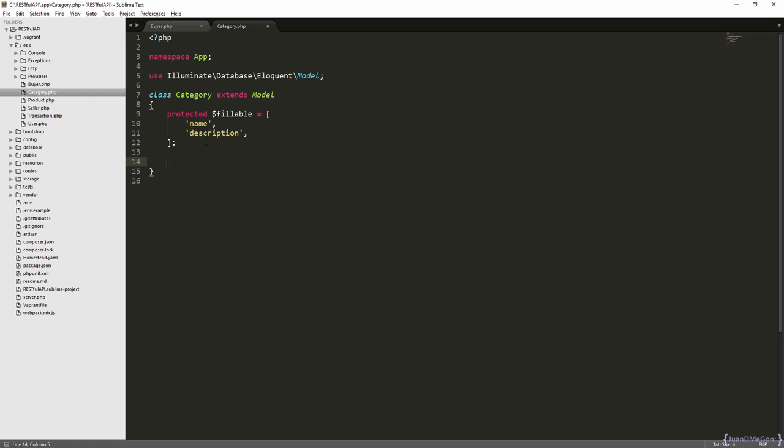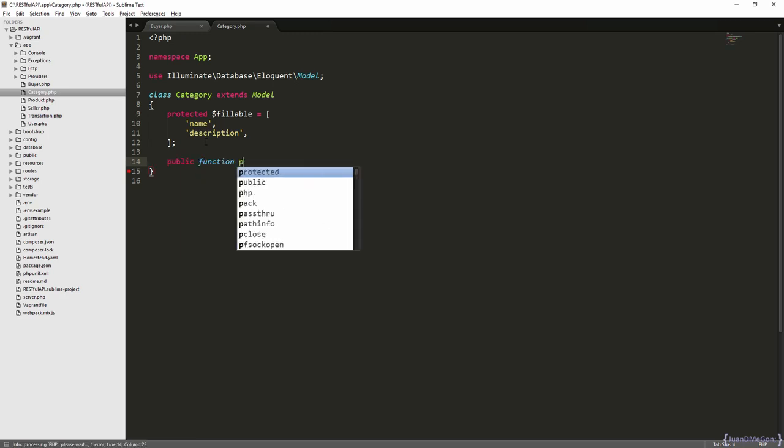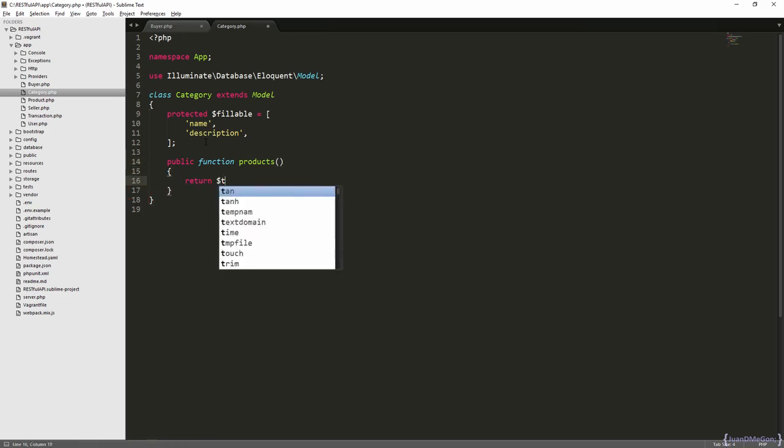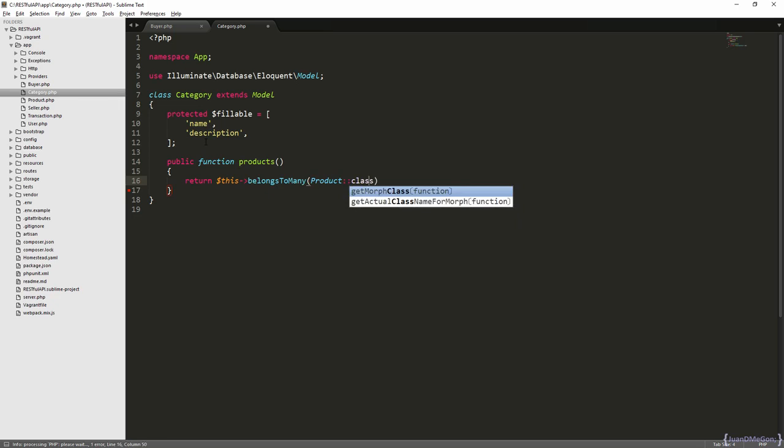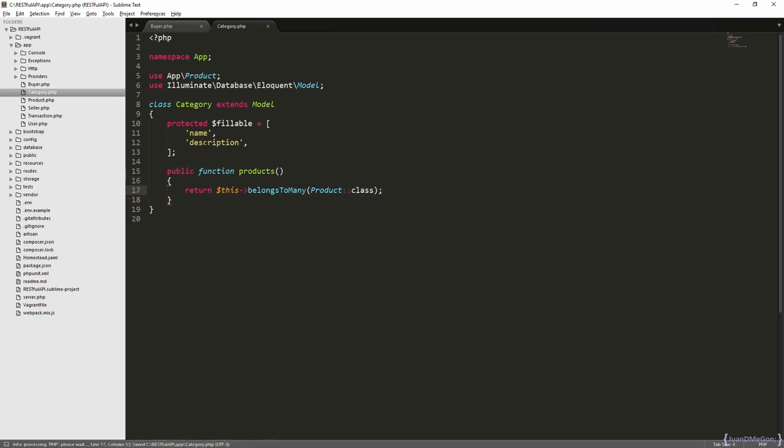For now, we are going to implement the relationship method returning a belongs to many relationship. Take into account that the belongs to many function is only used when we have a many-to-many relationship. In other cases, we use a belongs to or a has many relationship as usual.